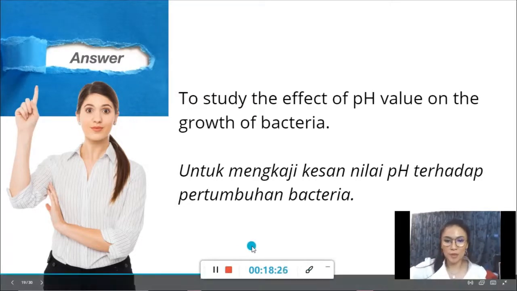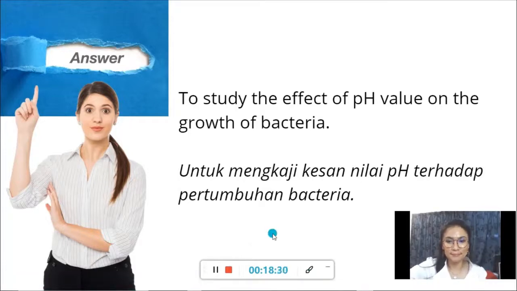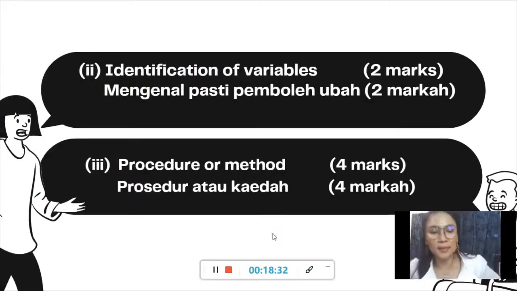Okay, so we shall continue with the next question. Okay, the second part they will be asking you to answer this identification of variables, consists of 2 marks. Mengenal pasti pemboleh ubah. So as we learned, the types of variables that we have: manipulated variables, responding variables, and constant variables.